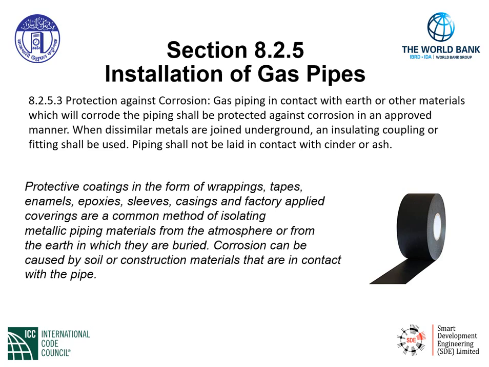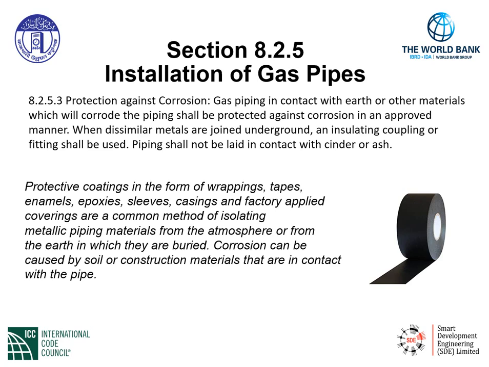So we're concerned with different types of metals that could have a corrosive action or effect on the piping materials. Last, piping shall not be laid in contact with cinder or ash. This has a direct corrosive effect on materials in the environment, such that we look to metallic piping materials as being affected by cinders and ash.